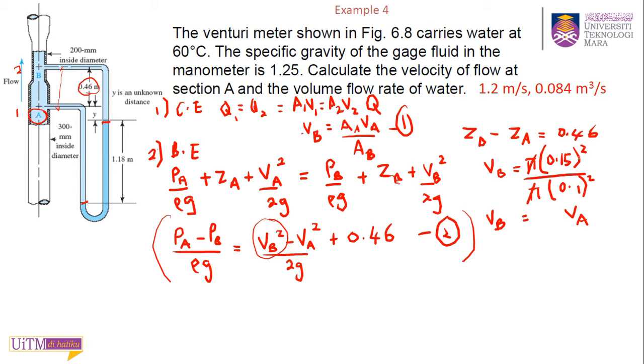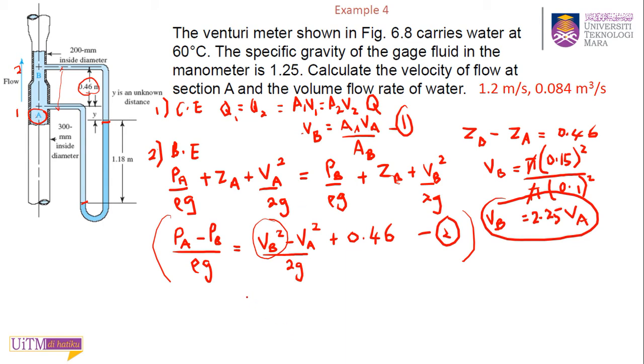Ni bahagi ni, 2.25. Okay, so this 2.25 VA. Okay, so you can replace this VB equal to 2.25 VA inside of this equation.